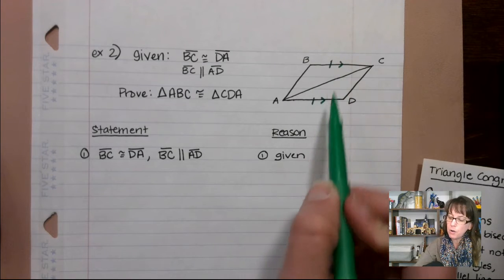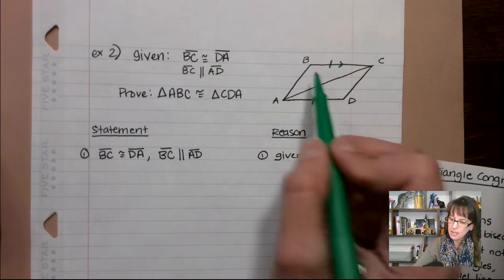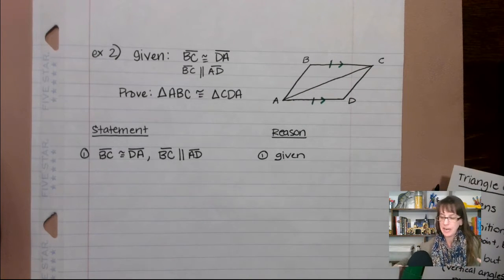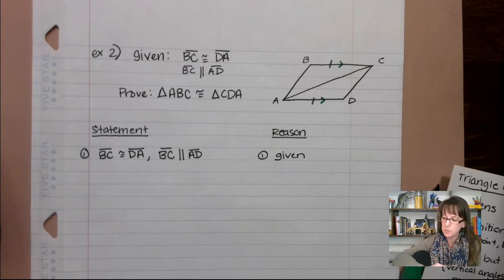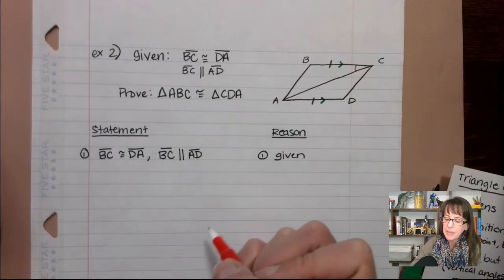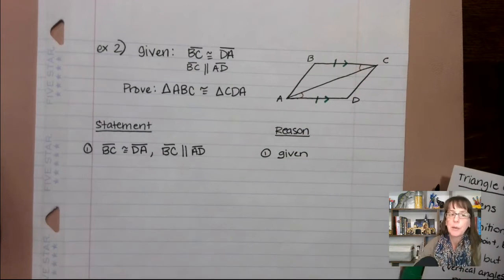So I see these parallel lines here and I think, I've got to write some angle relationships. Because these two are congruent, that means that this angle right here, BCA, and it does help to have different colored pens, markers or colored pencils as you're doing this, because then you can identify these. So BCA is this guy right in here. That is going to be congruent to DAC because they are alternate interior angles.